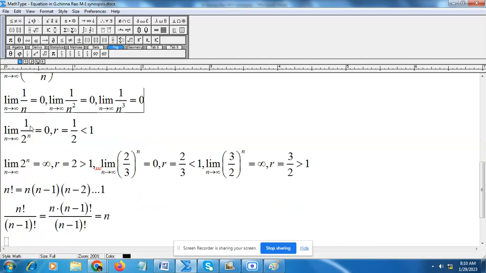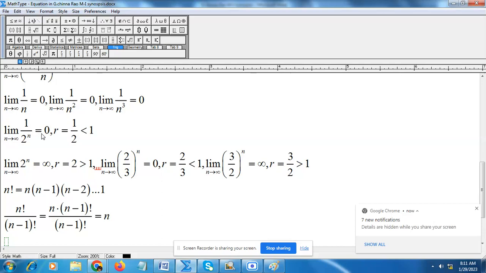Limit 1 by 2 power n as n tends to infinity is 0, because it is in the form of r power n. Whenever we observe r power n, if the r value is greater than 1, then it is infinity. If the r value is less than 1, then it tends to 0.